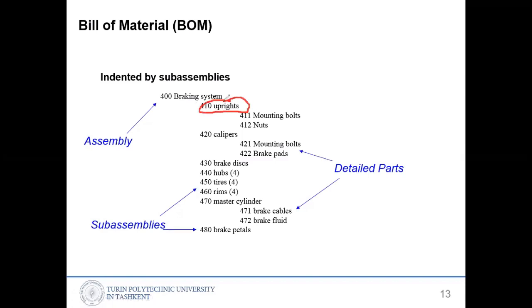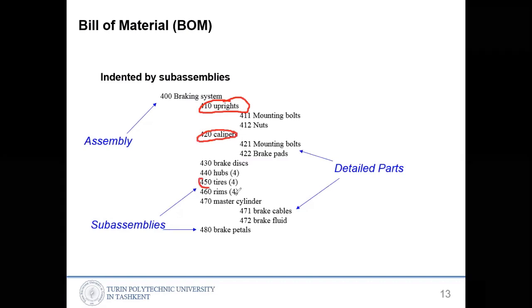This one is a sub-assembly, so another sub-assembly here, and another sub-assembly. If inside the brackets the numbers are bigger than 1, that means assembly, a sub-assembly. That sub-assembly has 4 parts. 410 has 2 parts.